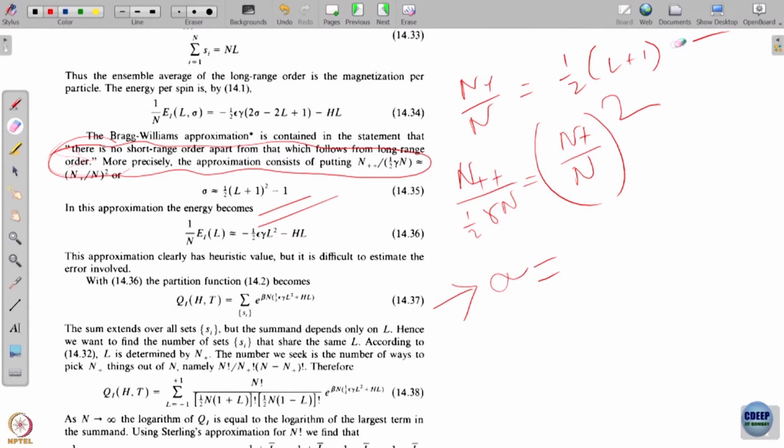When I use this into that, I get this condition, sigma equals L plus 1.